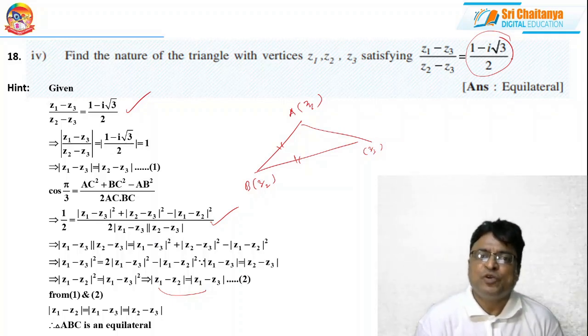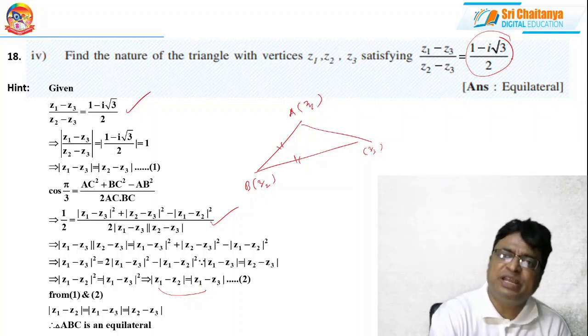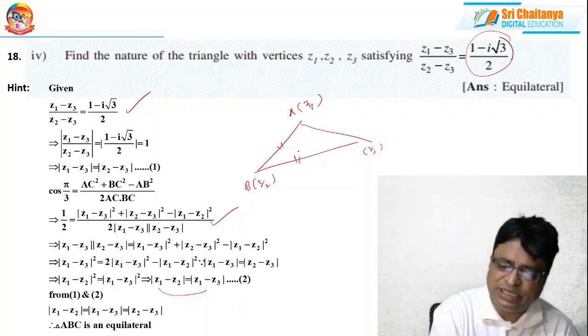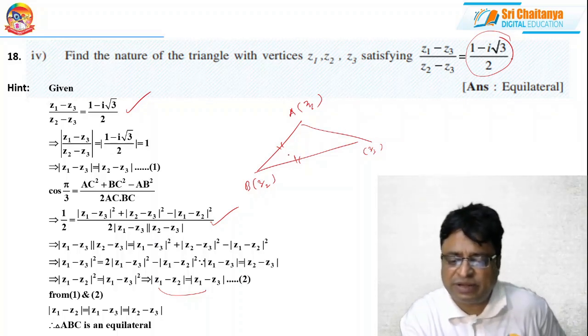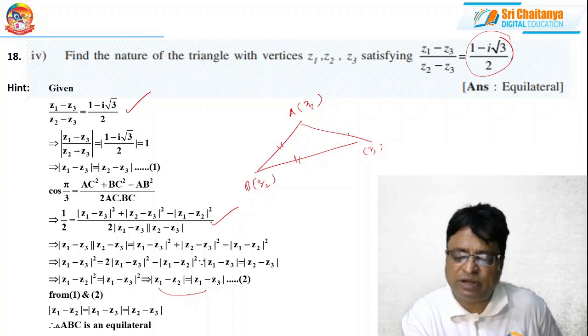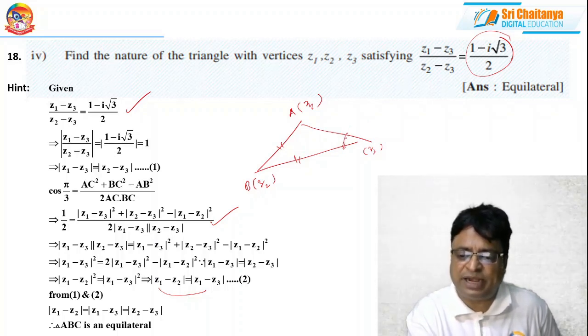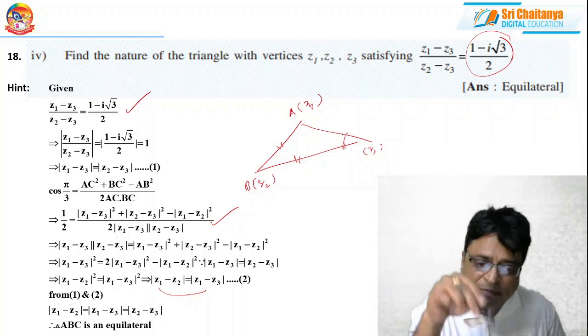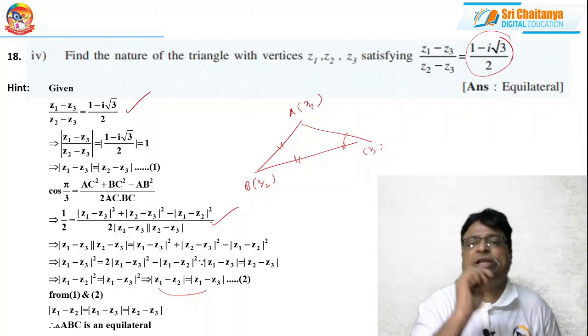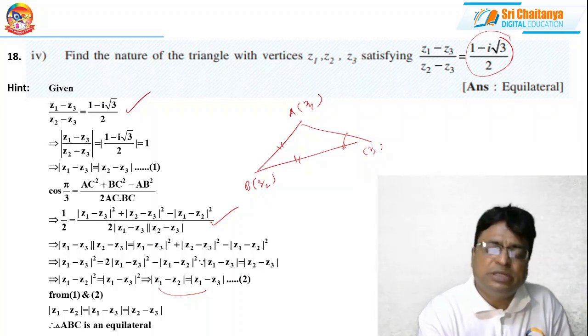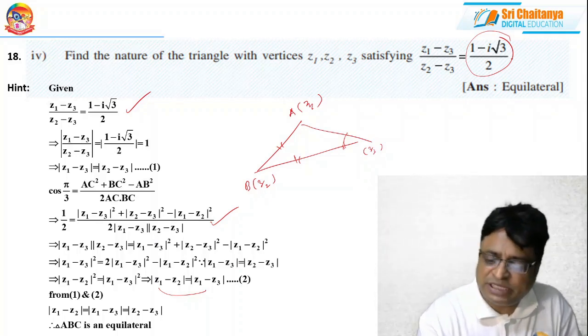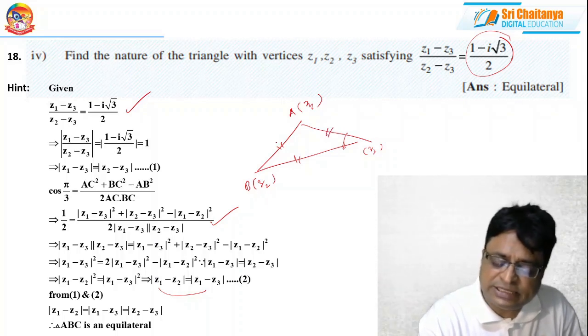Okay. So here what I am saying is, suppose this length as well as this length are equal. These two sides are equal. Now I find cos pi by 3 only, because mod Z1 minus Z3, this side length, and this side length are equal.